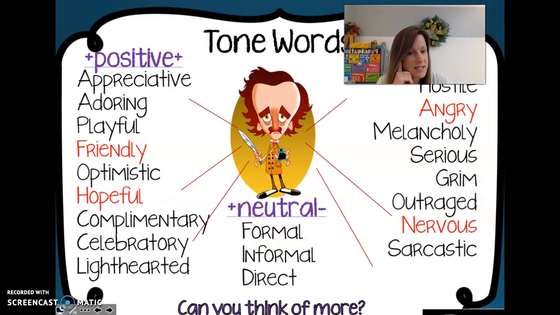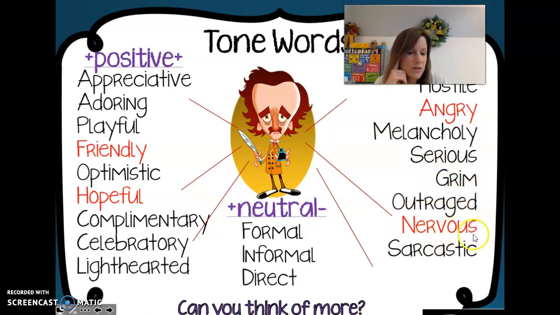And then finally, negative tone words. So we have hostile, angry, okay? Both kind of other words for mean, right? Hostile and mean are kind of like the same word. Angry, and just very, very upset would be also another word, right? Melancholy or sad, serious, grim, which is kind of like dark, right?